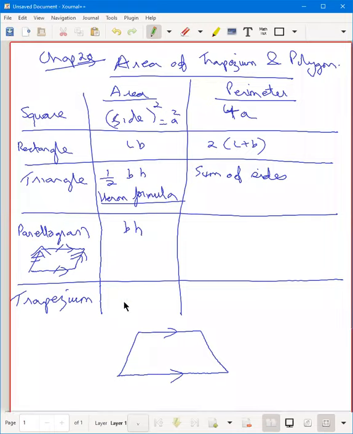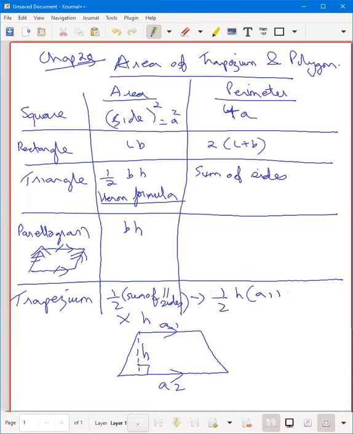It is half the sum of the parallel sides into the height. Again, from here we drop a 90-degree line. This is the height. So this is A1 and A2. So that works out to be half H into A1 plus A2.